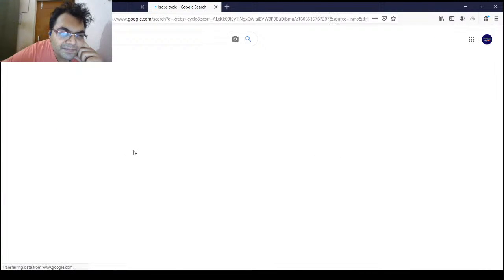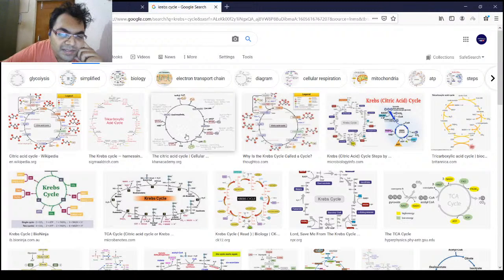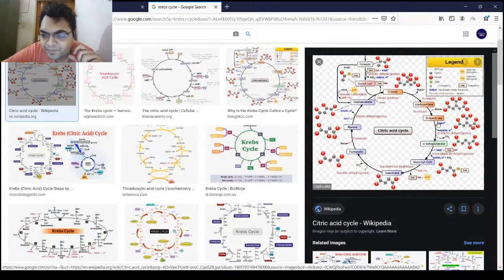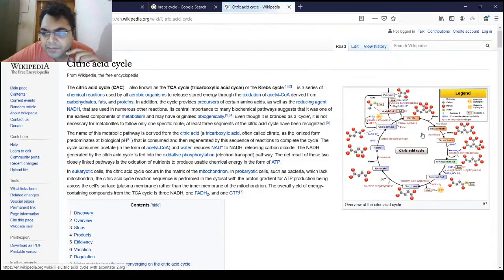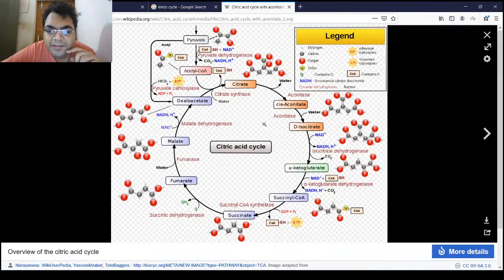Let's zoom in on the image. It looks like this because it returns here. It will again go through citrate synthase and form isocitrate via cis-aconitate, and then isocitrate will be produced again. So this reaction keeps on happening, and this is the citric acid cycle, or Krebs cycle, or tricarboxylic acid cycle.